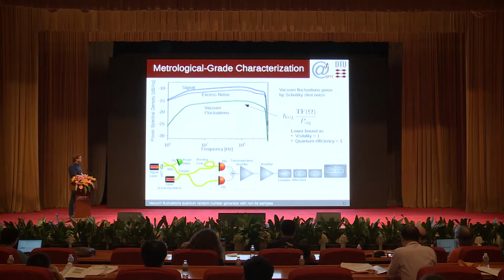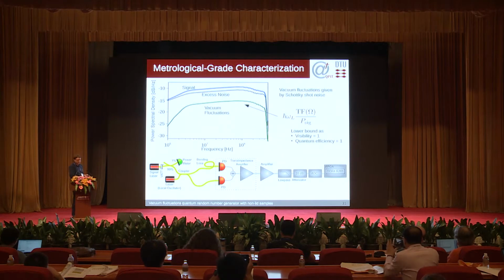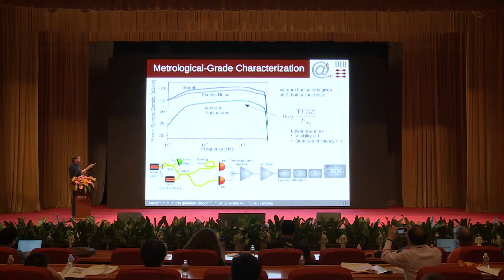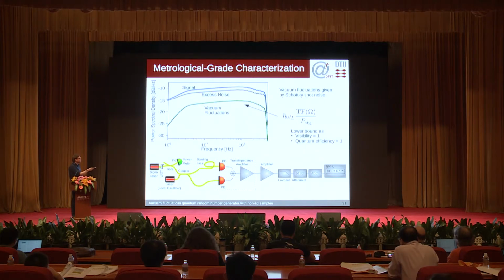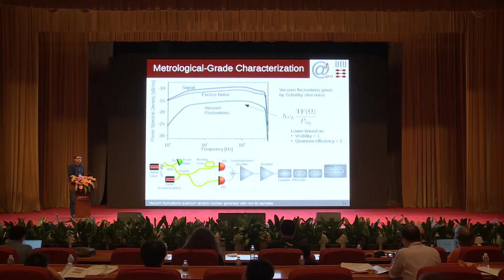And if we combine these measurements together with the vacuum fluctuations, we end up with a formula that is basically this. ħω_L is the quanta of Schott noise. TF is the transfer function, basically the measurement which comes out here, divided by the signal power. So we need to measure the signal power, which is probably given by a systematical error.